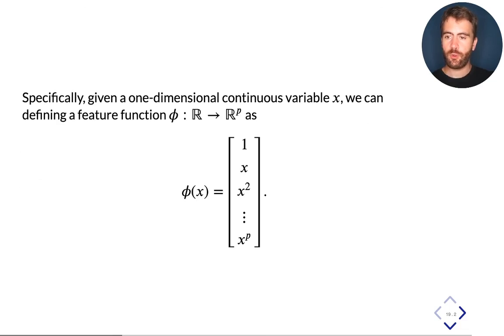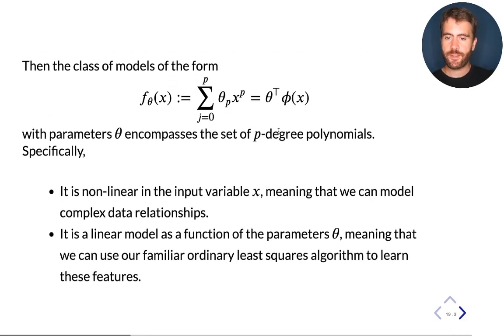Given a linear model with a one-dimensional attribute, we can form the following vector of features, which is the vector of polynomial features, and then the set of linear models with these features phi is going to be the set of all the polynomials.